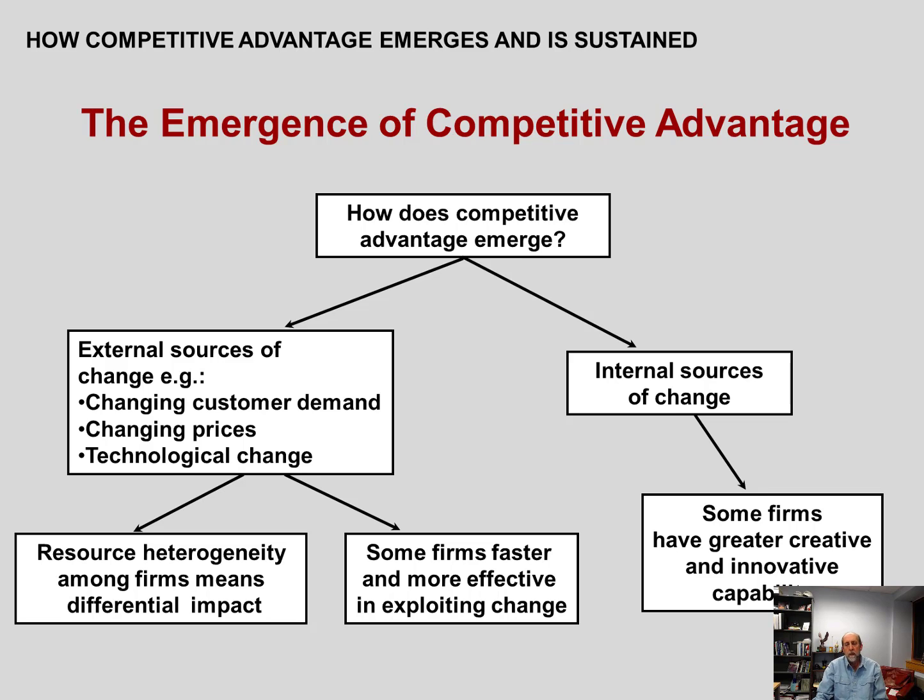It's also driven by actions of firms. Sometimes firms innovate, either in products or in processes, and those create the disequilibrium for an industry and create a source of competitive advantage.